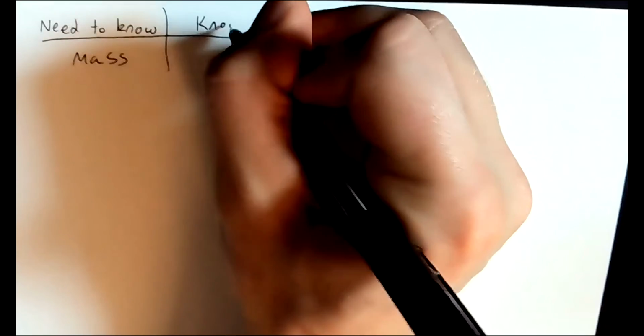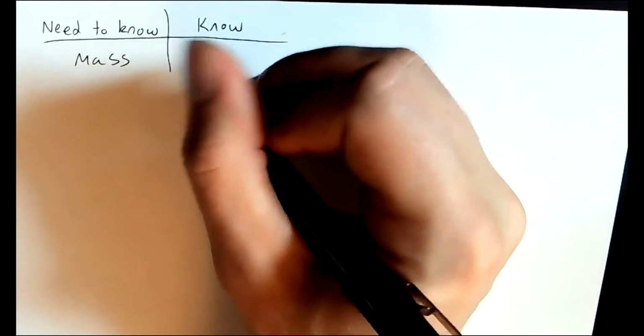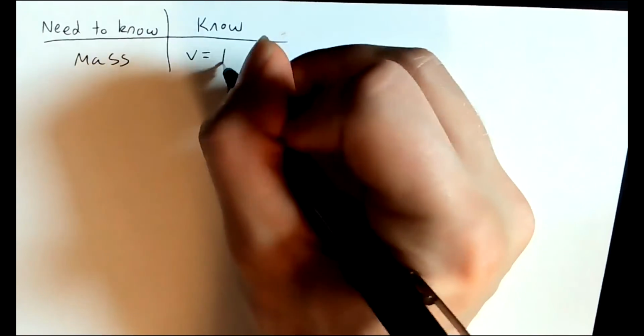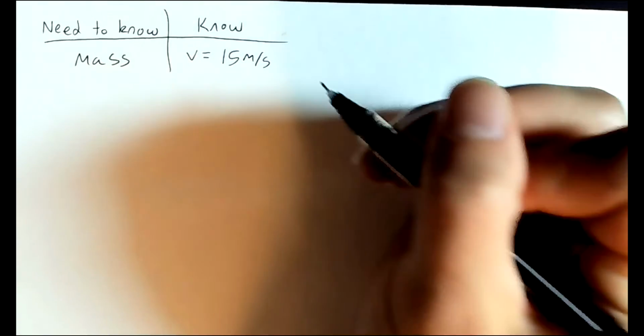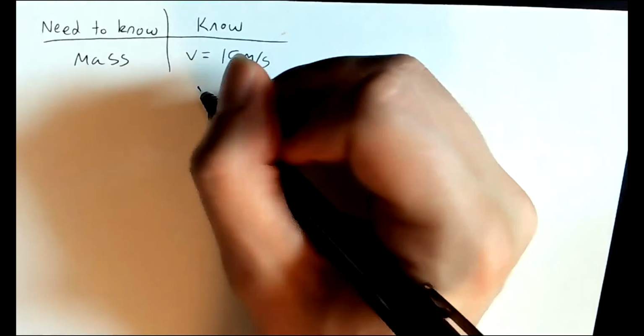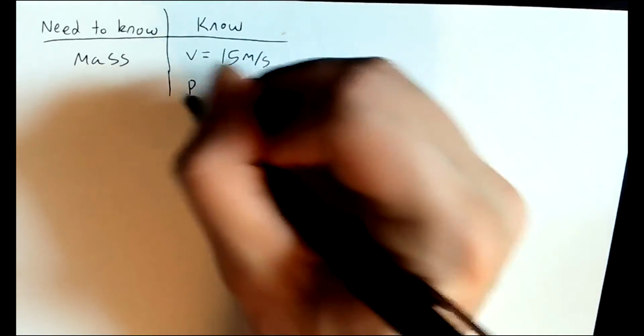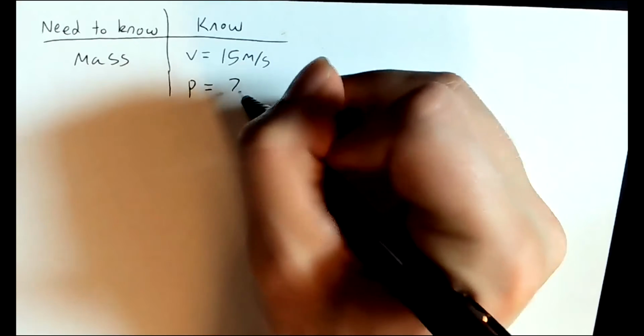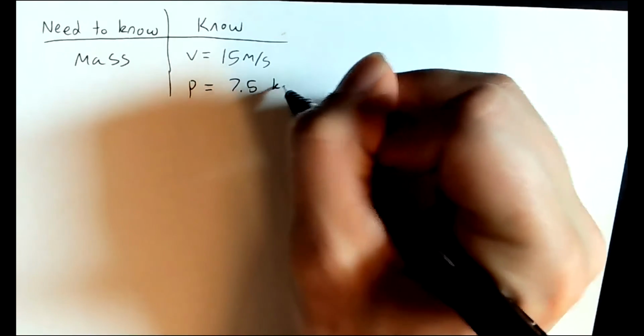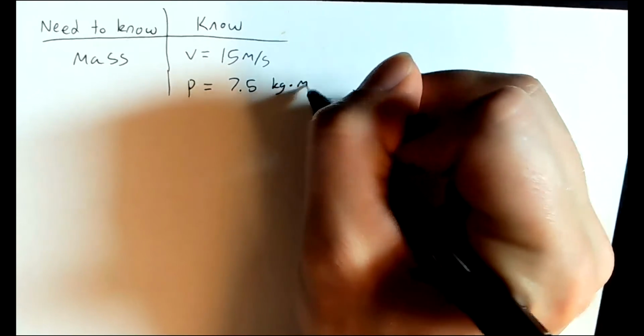What do we know already? We know the V equals 15 meters per second. And we know the momentum equals 7.5 kilogram meters per second.